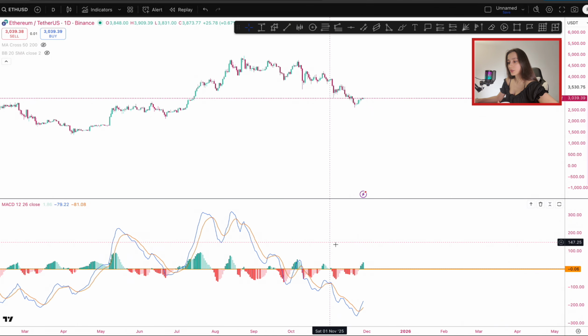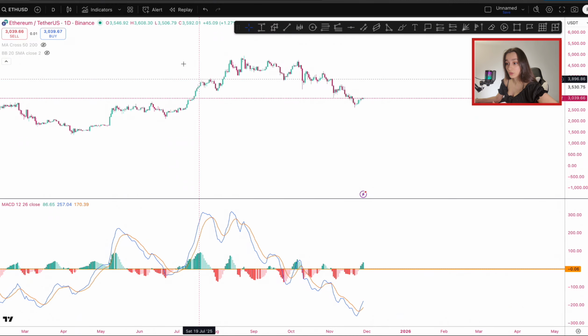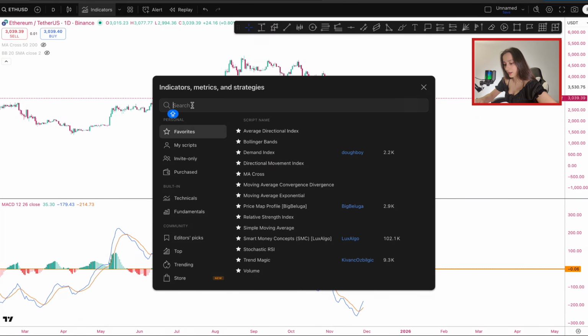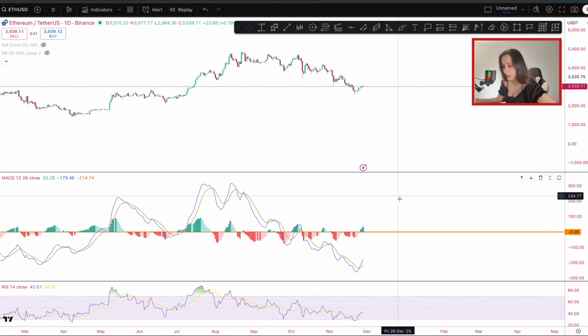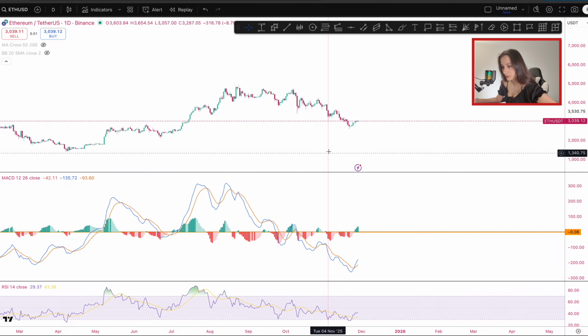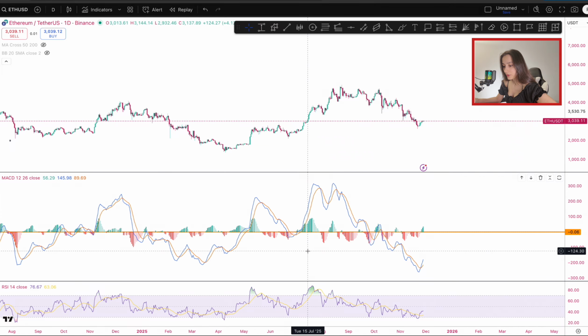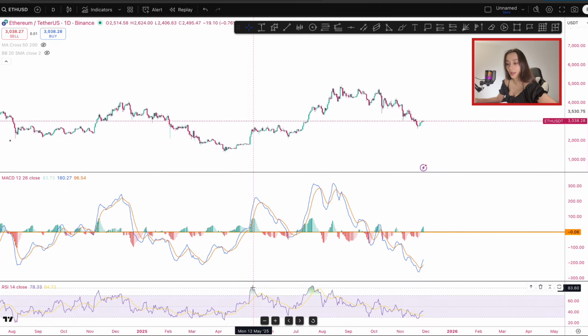You can also use it with RSI. You can add the RSI indicator. See, when price came here, the RSI tells you to sell because it's over the 70 line.